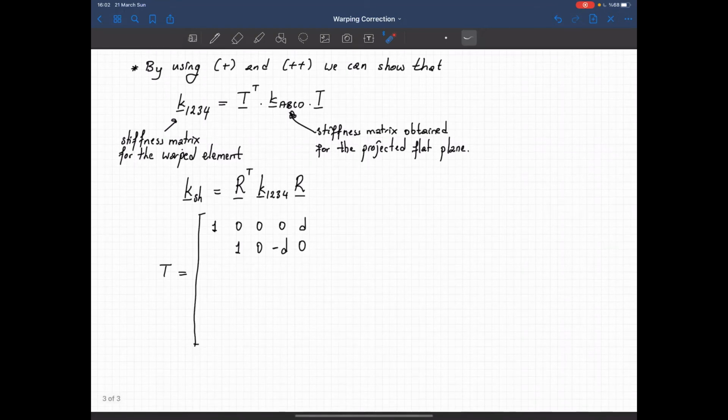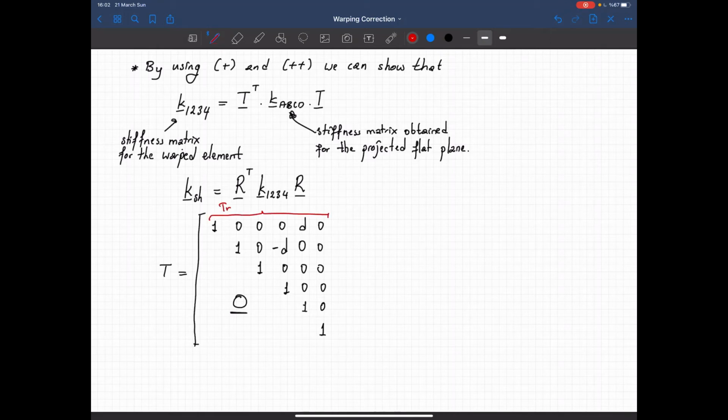The rest will be equal to, we have the drilling here, all equal to 0. Okay, and this part is 0 also, and you have the same type of transformation for other nodes.